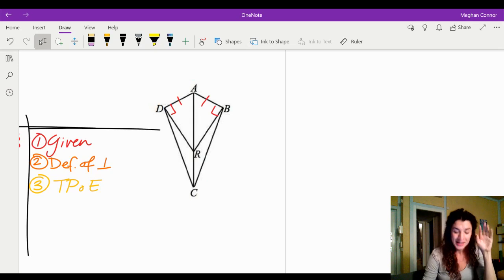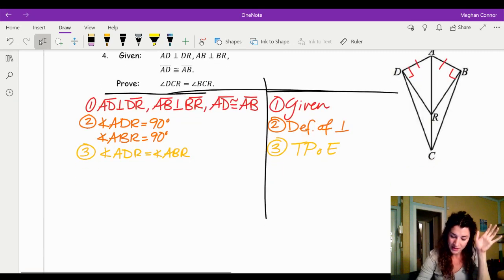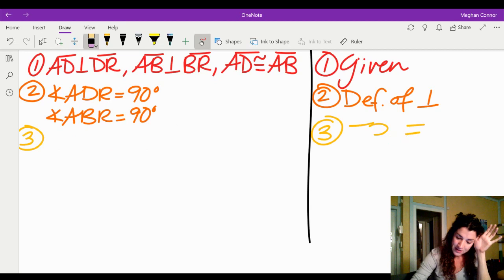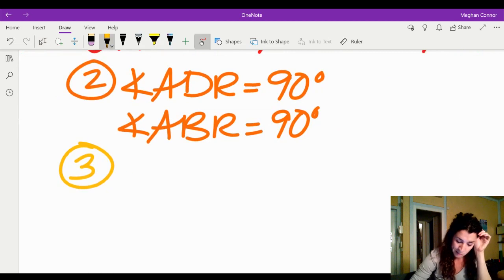Very common mistake. I want to prove HL, which means I don't need to prove that those angles are equal. Instead, I need to prove that those triangles are right triangles. Very common mistake. I feel like I've warned you about this and I totally just did it. So I'm going to erase this.